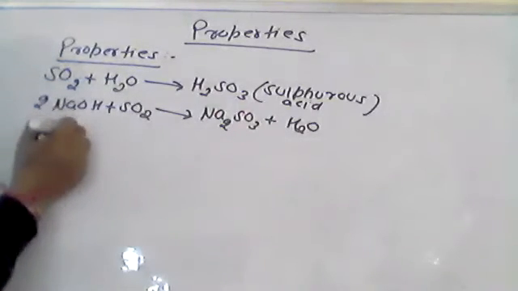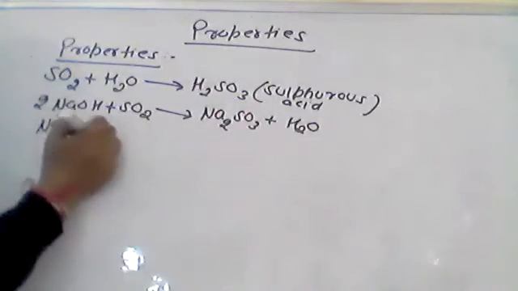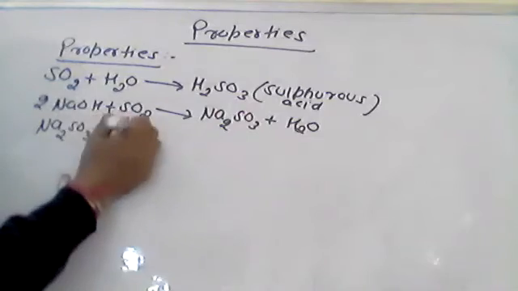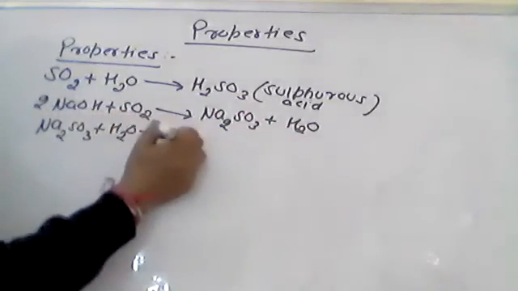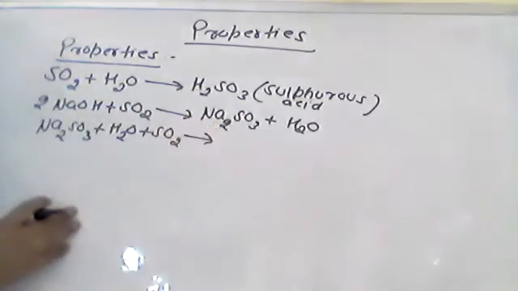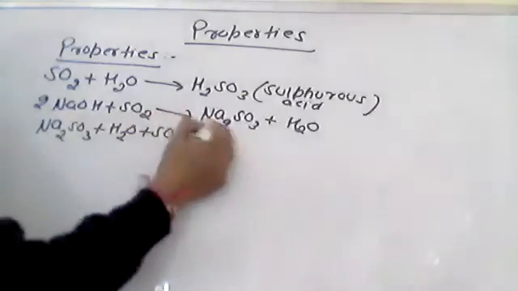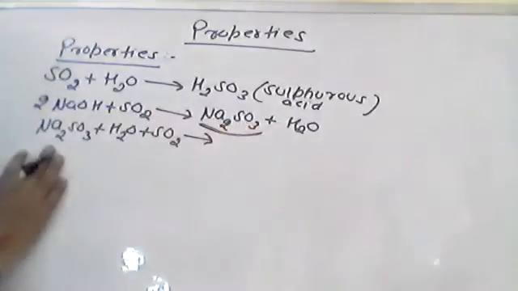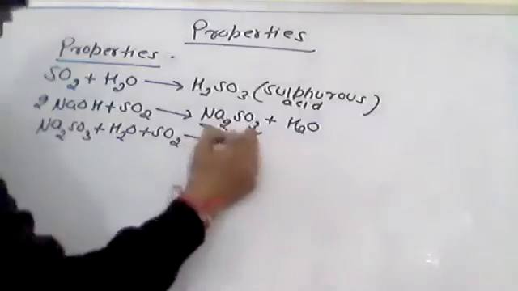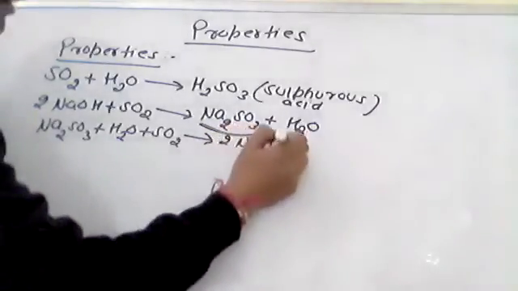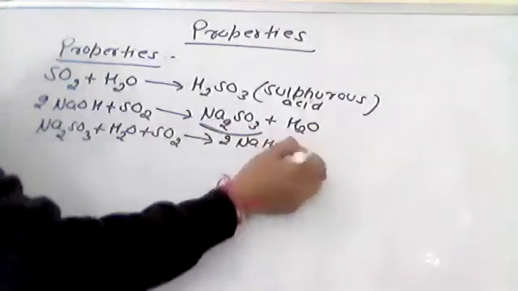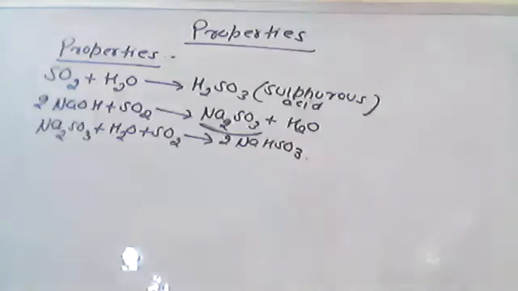Important thing further: if excess sulfur dioxide is present, there is a formation of sodium hydrogen sulfite, instead of sodium sulfite.